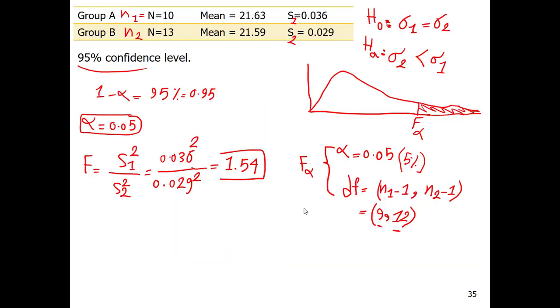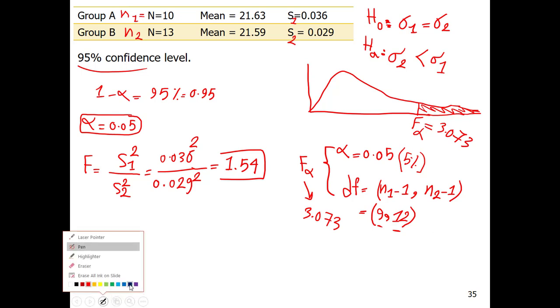So the F alpha that you find from the table is 3.073. Let me change the color here. Maybe you are fed up of the red color, so I'm going to make it blue.